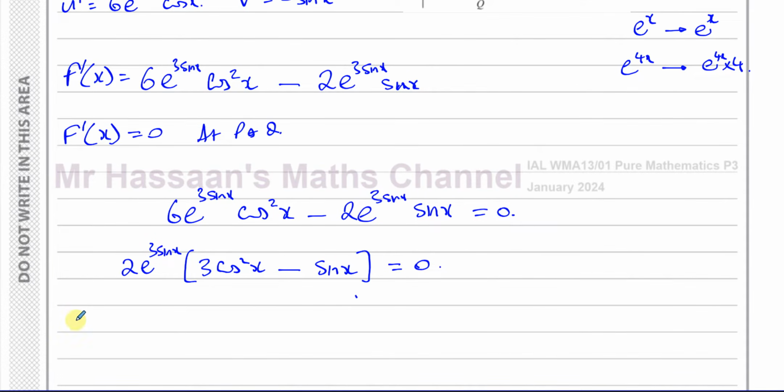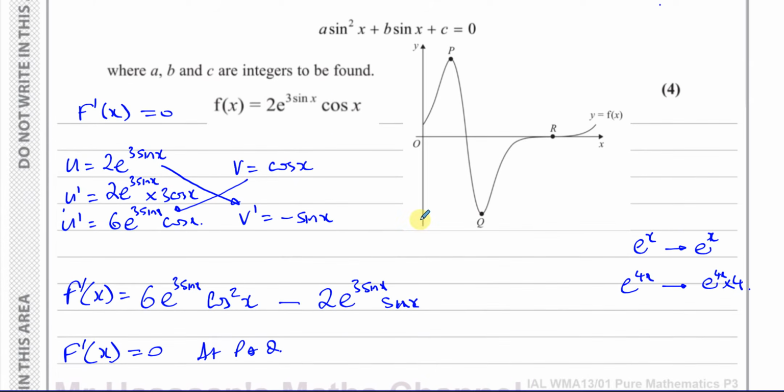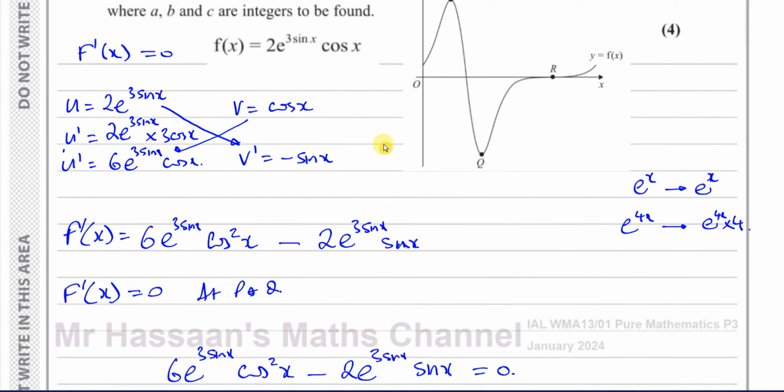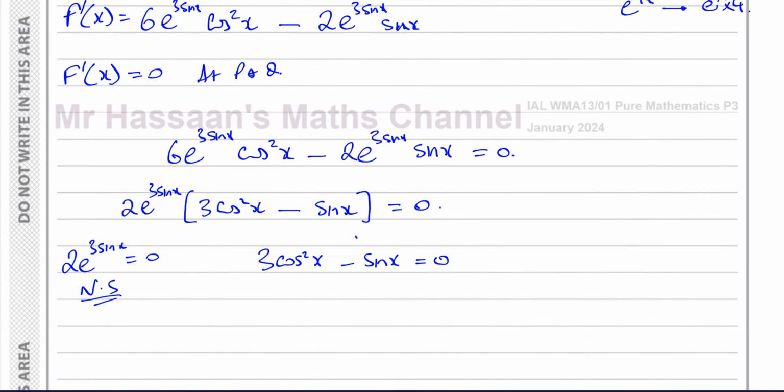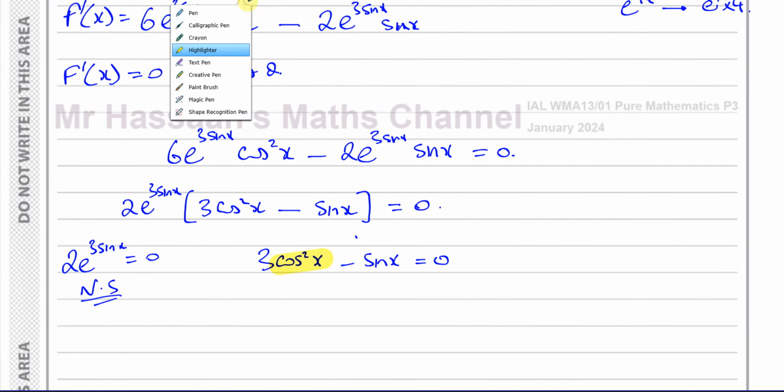To solve this equation, either this part is equal to 0, which it can't be because e to the power of something can't be 0, so there's no solution to that part. Or we can say 3 cosine squared x minus sine x equals 0. Now what we have to show is a sine squared x plus b sine x plus c equals 0. So the cosine squared x has to be replaced and written in terms of sine squared x.